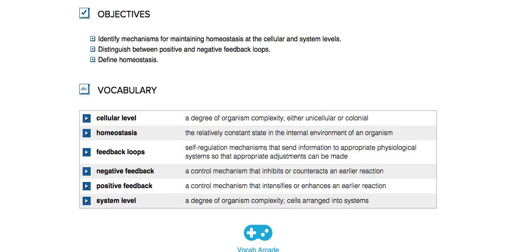Identifying those mechanisms that exist for those systems to maintain homeostasis or balance, and then obviously being able to distinguish between positive and negative feedback loops, which is a focus of the lesson, not necessarily so much of a focus of the project, but then of course being able finally to define, put into your own words, a definition to homeostasis. So really, the first and the third are the two main objectives of this project. So let's take a few minutes first and talk about what is homeostasis.